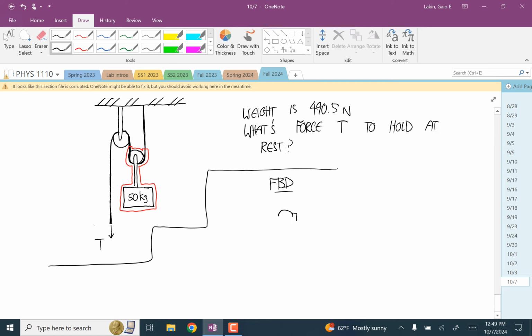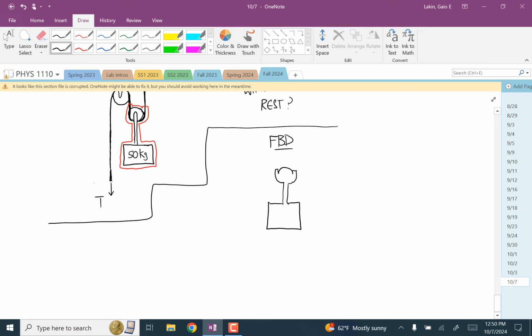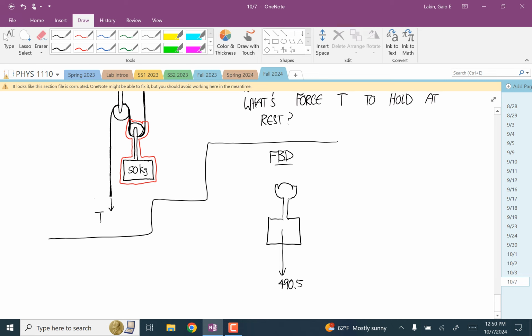So I'm going to draw the closed outline. The weight is 50 times 9.81, so 490.5. Cable applies a pulling force to itself, so there's a force T here and a force T here. That's the same cable.